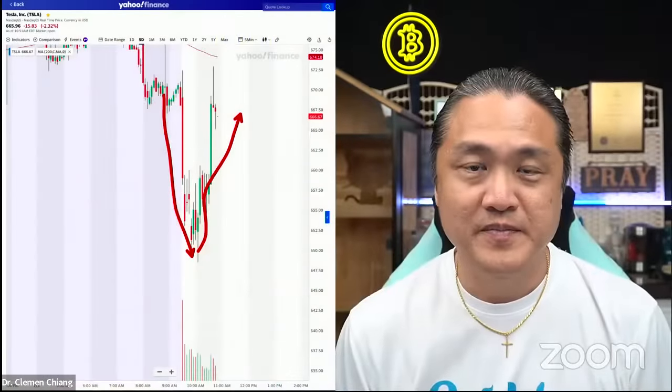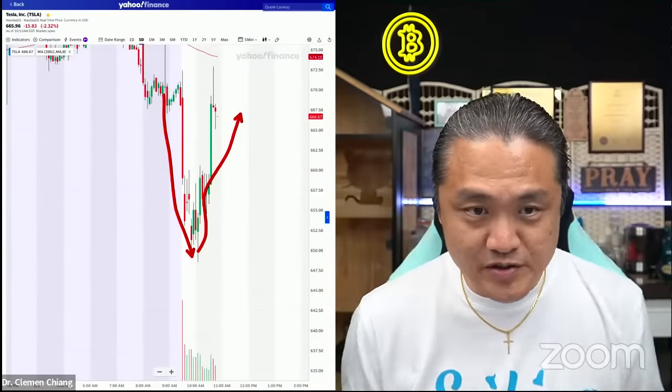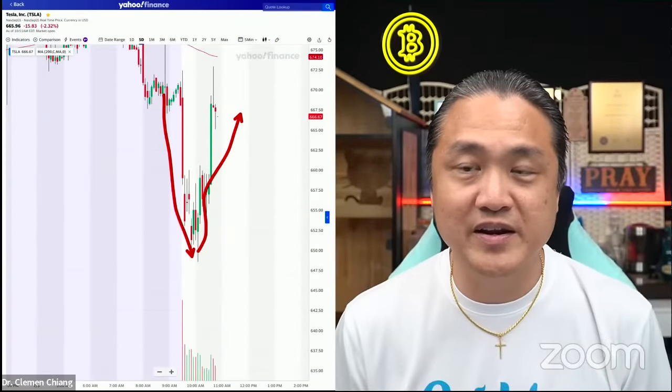Now, how much time has passed? One hour has passed, from the 9:30 opening bell to 10:30. And then you begin to sink in and say, okay, what is the final answer? The final answer, there's a V shape. The market has absorbed the news and went back up to 666 right now.